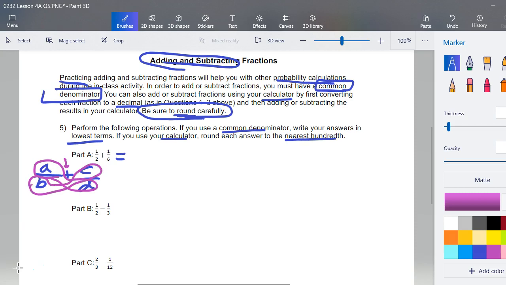All of this is going to go in our numerator. And then you finish up by multiplying the denominators together. It's not the smallest or most reduced way to find a common denominator and add, but it's a quick and dirty way to get the task done.